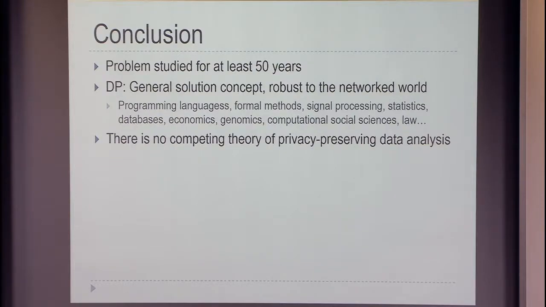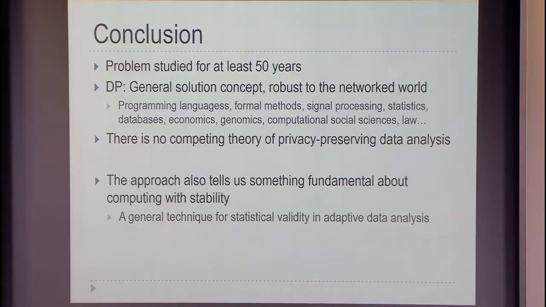And as of this time, there is still no competing theory of privacy-preserving data analysis. But the approach also tells us something fundamental about computing with stability. We have a general technique for statistical validity in adaptive data analysis, and we've seen that it's also useful in other fields like economics and game theory. So it is talking about computation in some deep way, and it's very exciting to me to try to understand that.